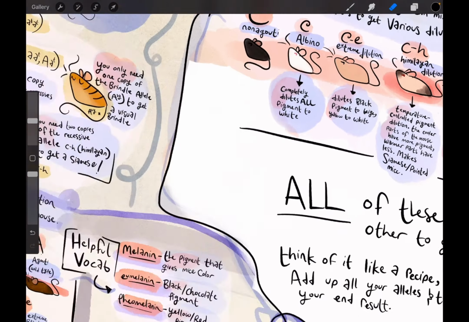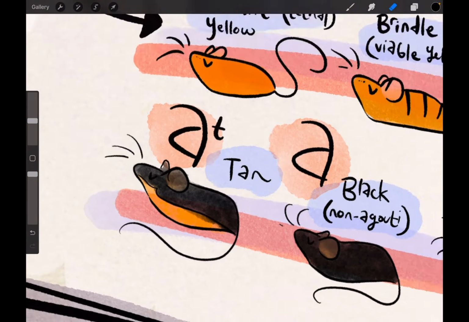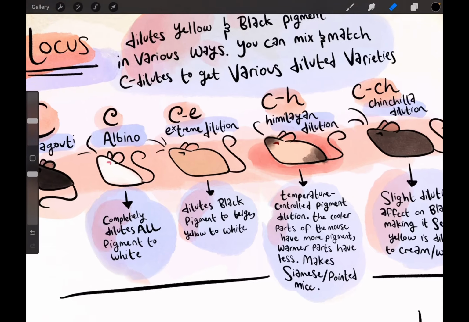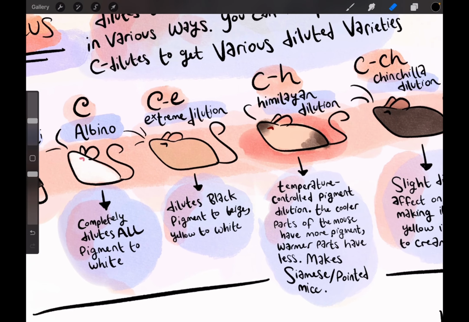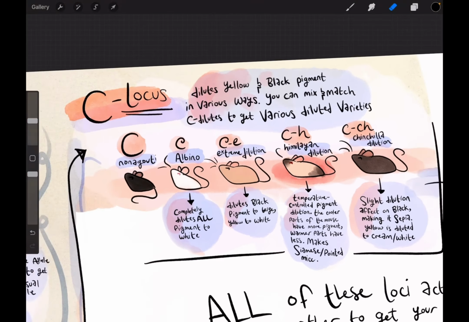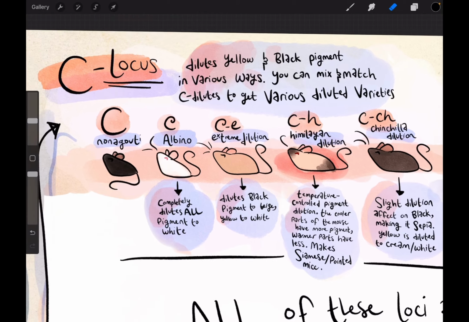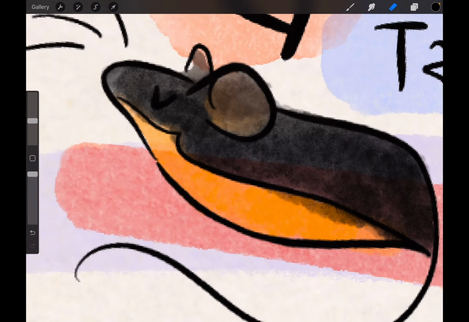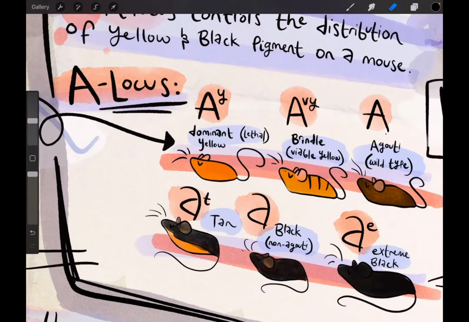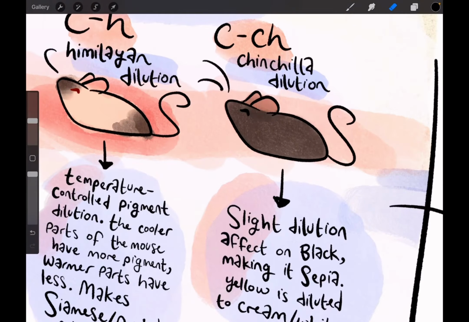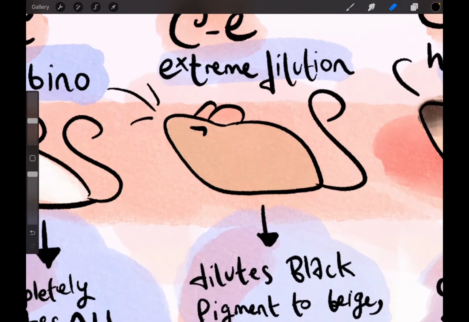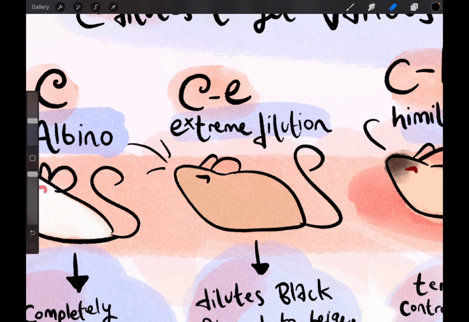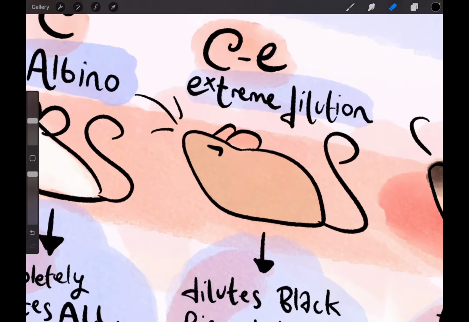Foxes, if you don't know, are when you have a tan mouse with a C dilute. Specifically, when the tan belly is turned to white, that's what we call a fox. So if that belly was white, this would be a fox. And the only way to get a black fox is with that chinchilla dilution. Because, this one, if you had beige, the top would be beige, belly would be white. That's not close to black at all.